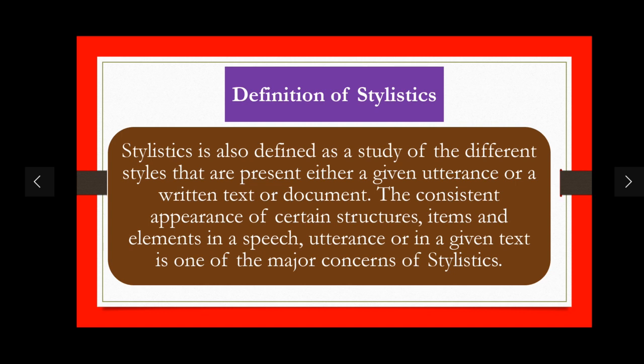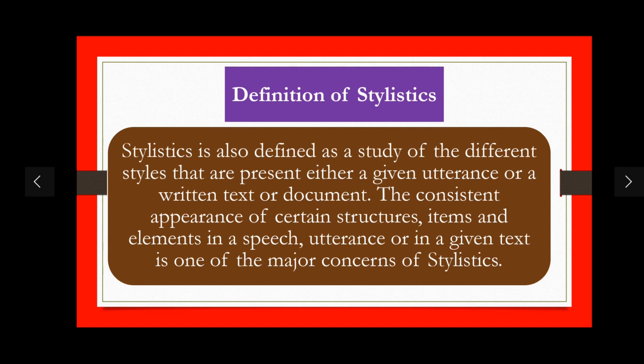So we can say that you are going to study the style of a text in order to investigate what kind of consistent syntactic structures, phrase structures, choice of words, items, or elements in speech, utterance, or in a given text have been produced.